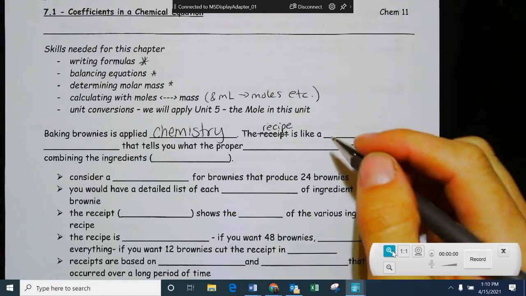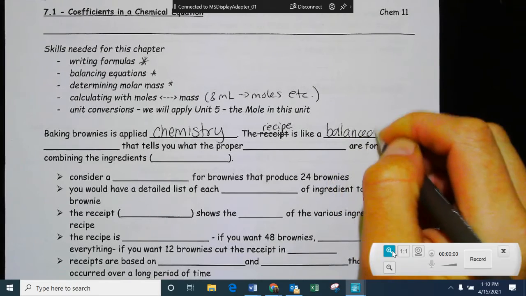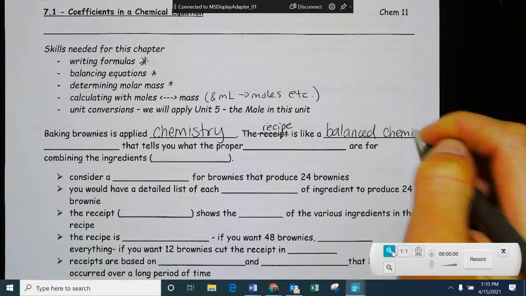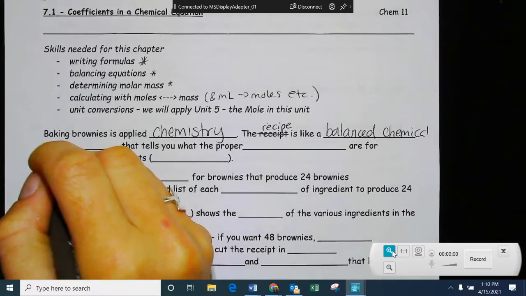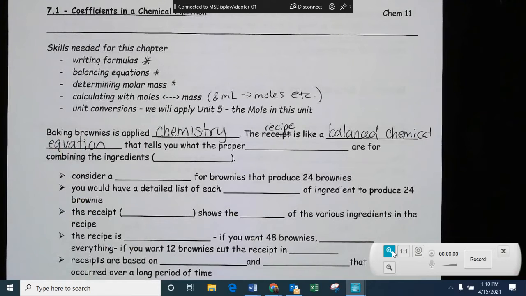So the recipe is kind of like a balanced chemical equation. It tells you the ratio of things that you need to produce a certain amount of product.